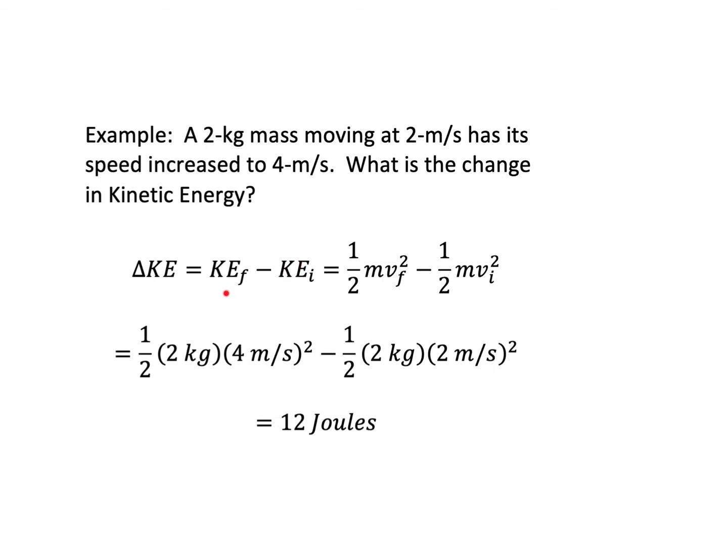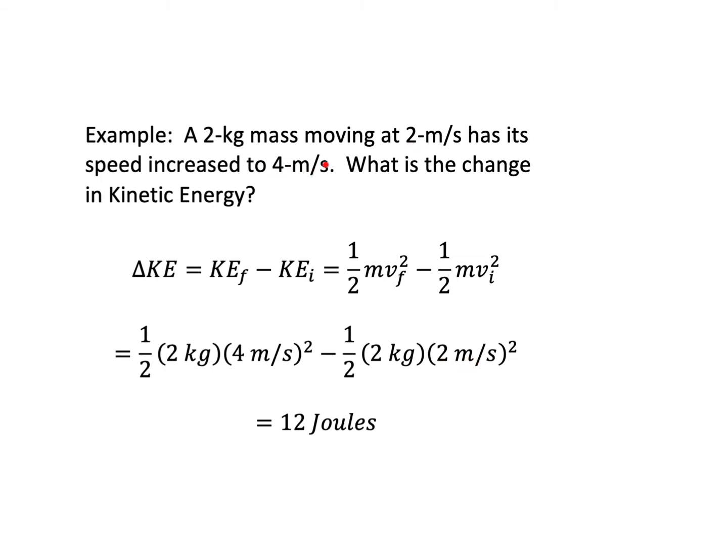And so we can just plug numbers into our formula. The final kinetic energy is going to be 1/2 times the mass times the final speed squared. And you're going to subtract from that 1/2 times the mass times the initial speed squared. If I plug in the numbers, the 2 kilogram mass is the same for both terms. We have 2 meters per second, that's the initial velocity, so that goes over here.